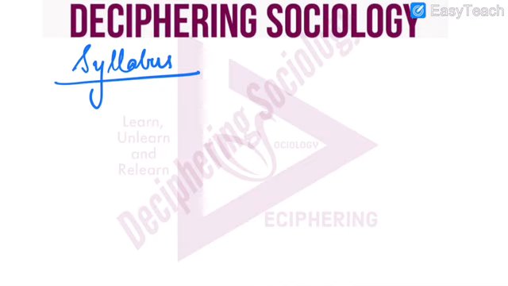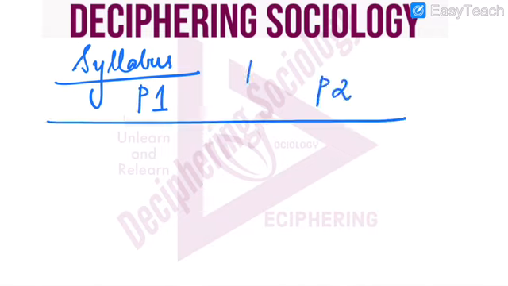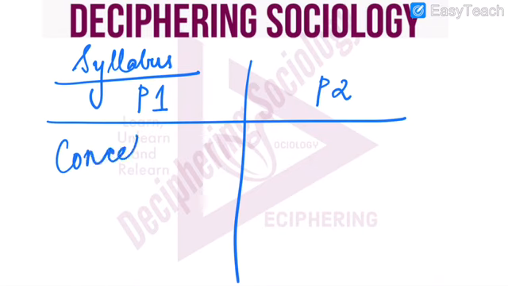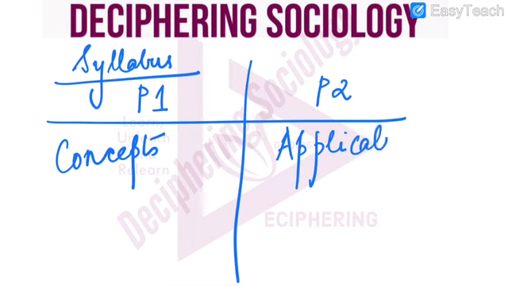In sociology, we have two papers, paper 1, paper 2. Paper 1 consists of the foundation or concepts of sociology. Paper 2 consists of the application of these concepts on Indian society.